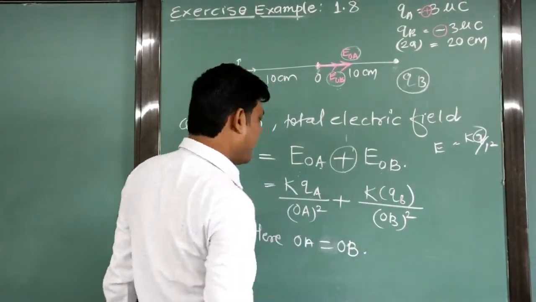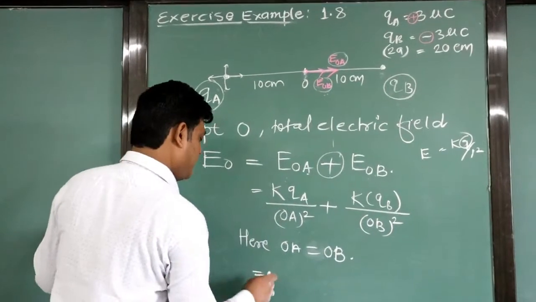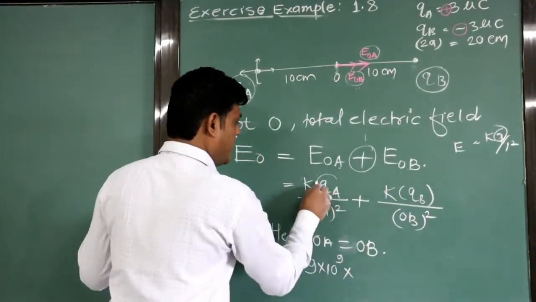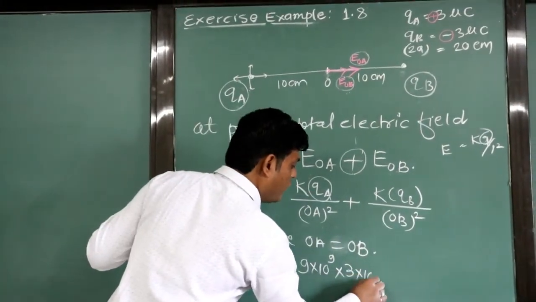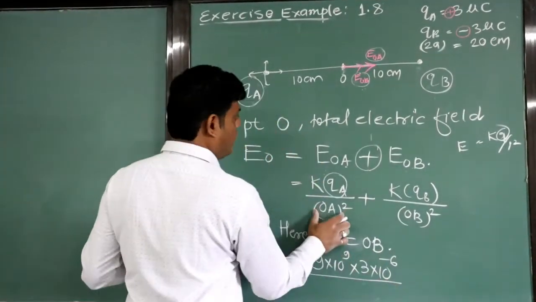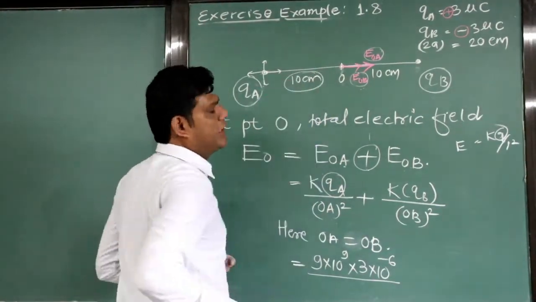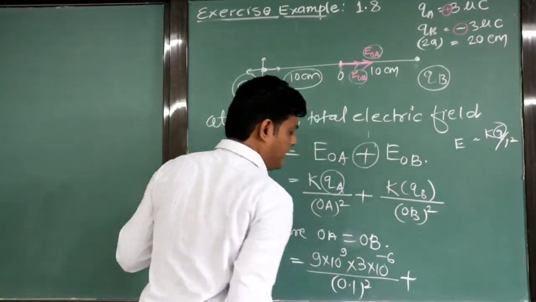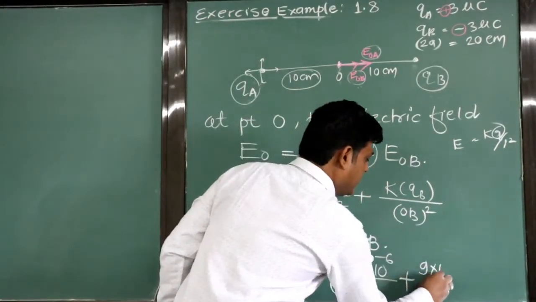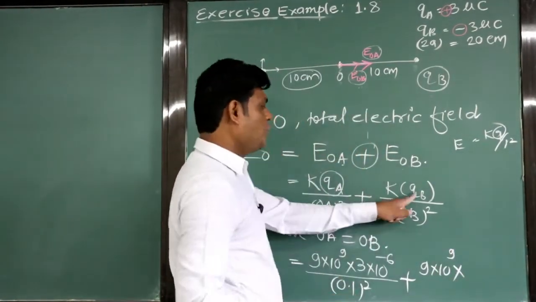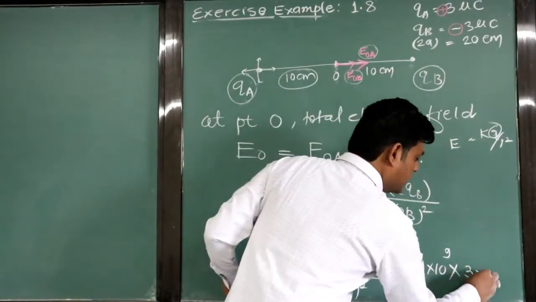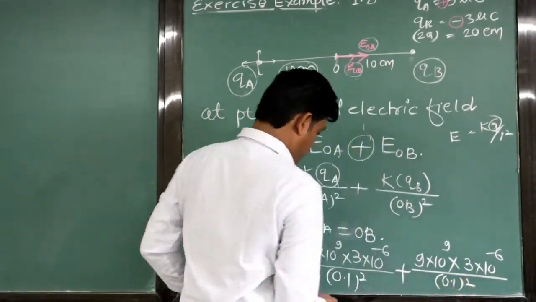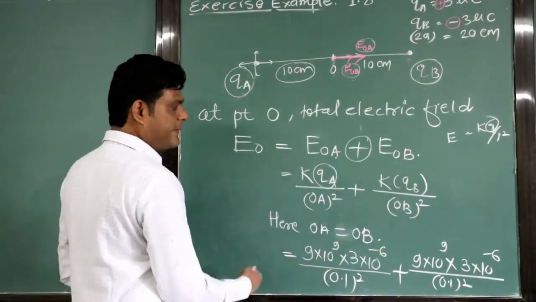So we are going to take the magnitudes only. K is 9 times 10 to the power 9, QA equals 3 microcoulomb, divided by OA. OA means this distance, 10 centimeter, which we convert into meter, so 0.1 meter square. Plus K, 9 times 10 to the power 9, into QB, taking the magnitude only, 3 times 10 to the power minus 6, divided by 0.1 square.